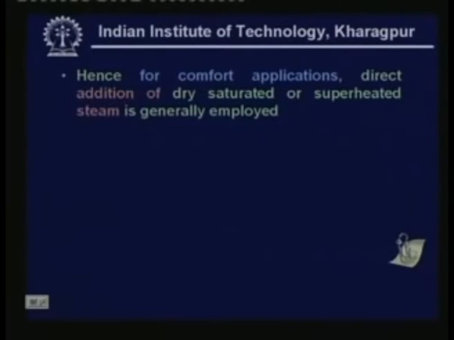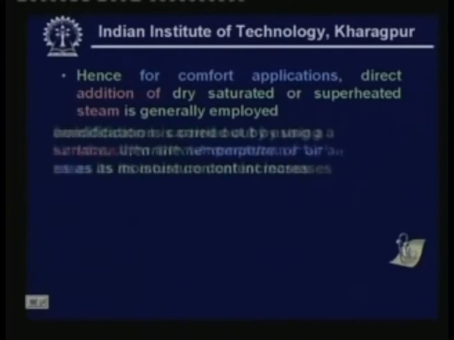Air washers or wetted surfaces can be used for industrial air conditioning systems where human beings are not present, because of the health problems. So for comfort applications, direct addition of dry saturated or superheated steam is generally employed. That means in winter air conditioning systems for comfort, you always add steam directly to the air stream.